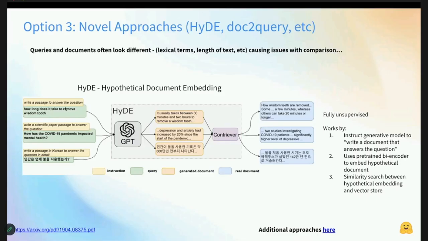The way HyDE works is that a user inputs a question, and you take that question and use a generative LLM to generate hypothetical documents that might answer that question. Then, rather than embedding the question to search, you embed those hypothetical documents and use those to search over your corpus of documents.